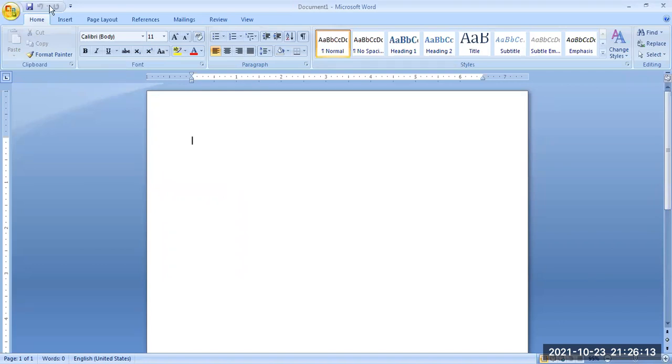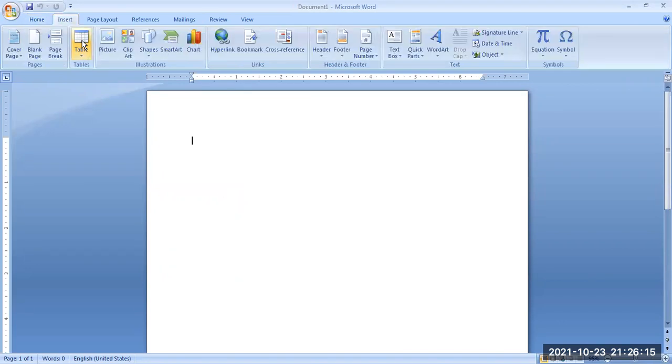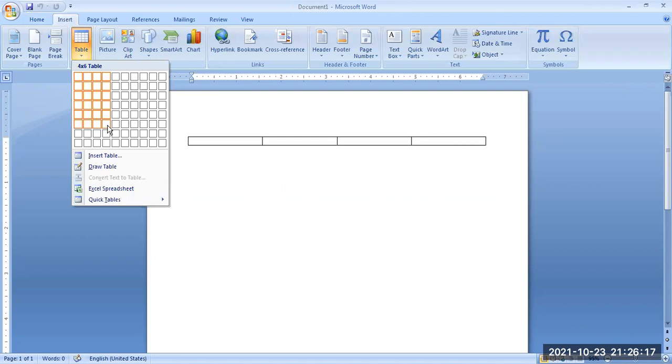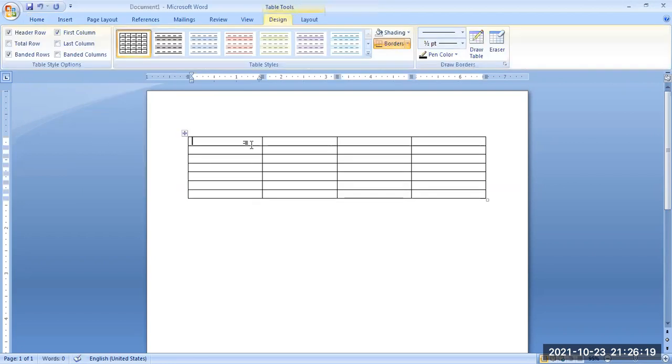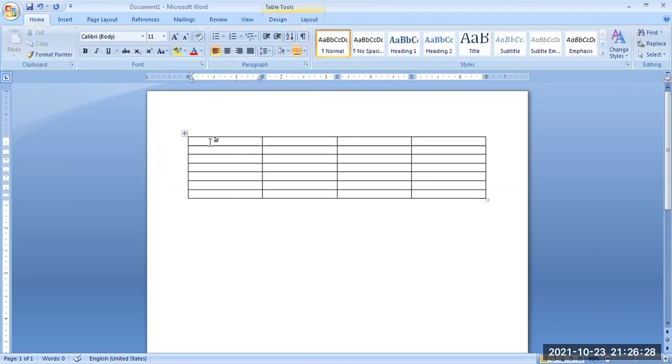First of all, I am inserting a table. Now tell me the table problem. The following table gives the daily income of 10 workers in a factory. Calculate the arithmetic mean.